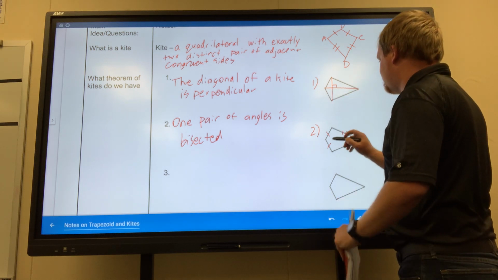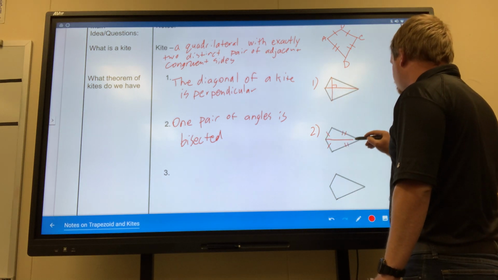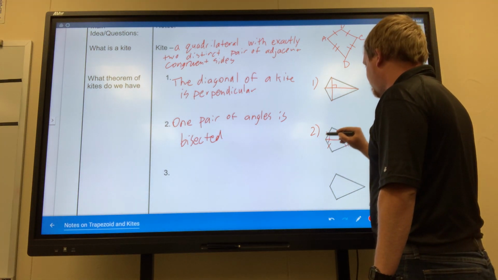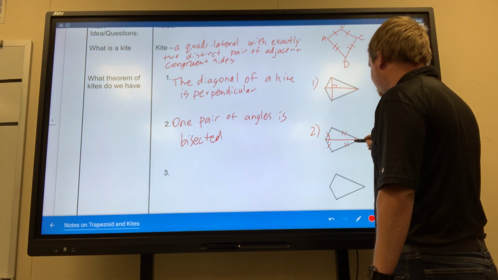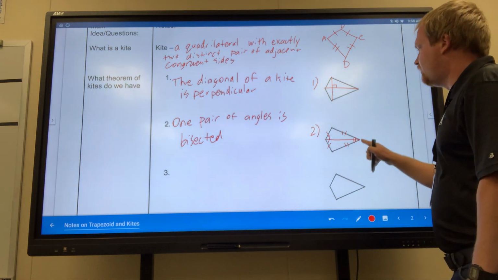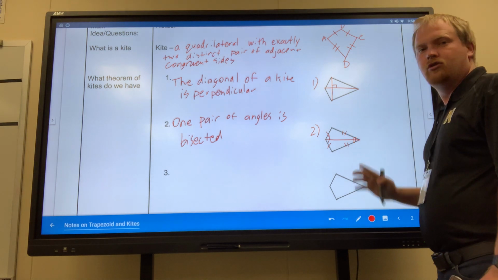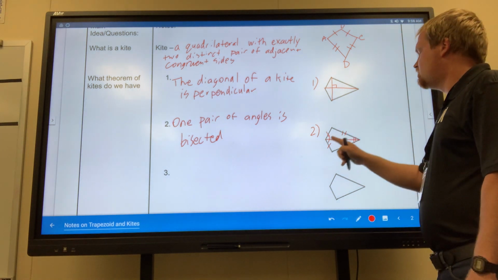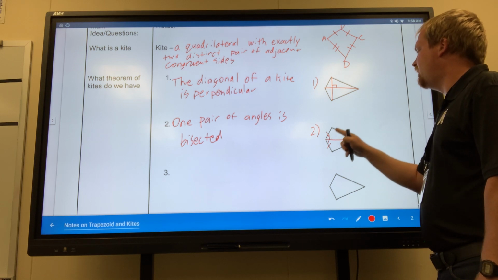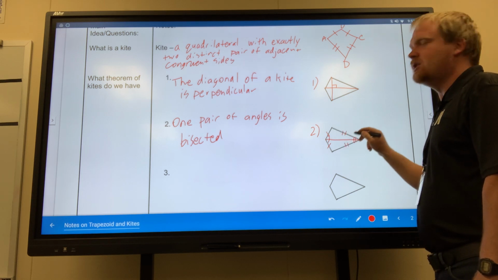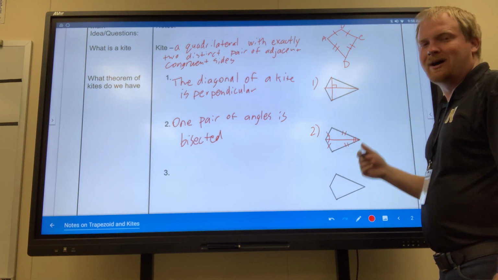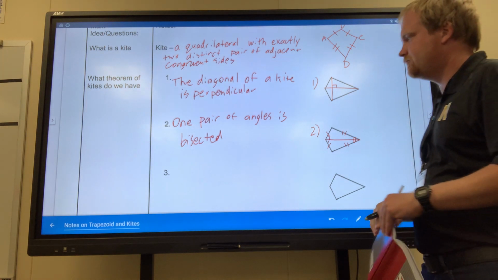If I split the middle between those two like this, this is one pair of congruent angles, bisected angles, this is the second. Okay? Now, do they necessarily be the same? No, not necessarily. But the biggest thing is that this diagonal line where it kind of splits these two in half, those are going to give you bisecting angles.